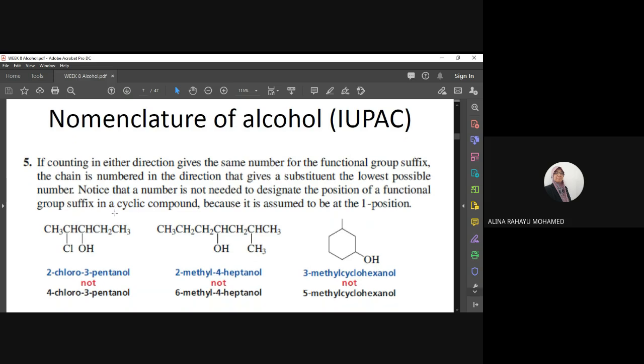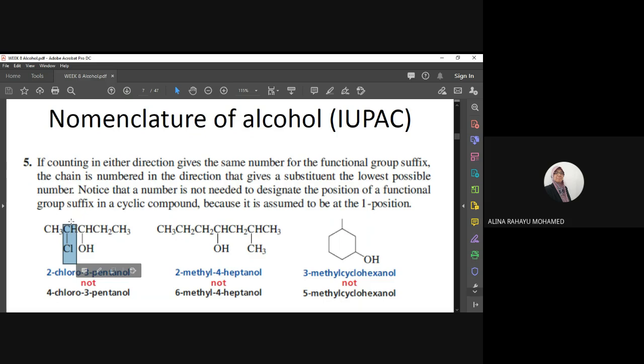The fifth rule. The application of this rule is, for example, the compound on the left-hand side first. We have 1, 2, 3, 4, 5. 5 is pentanol. Now carbon number 3: if we count from the right, 1, 2, 3, we have 3-pentanol. And if we count from the left, we also have 1, 2, 3, pentanol. So now, how do we identify the chloro: is it 2-chloro or 4-chloro?